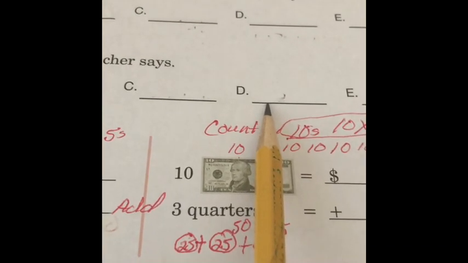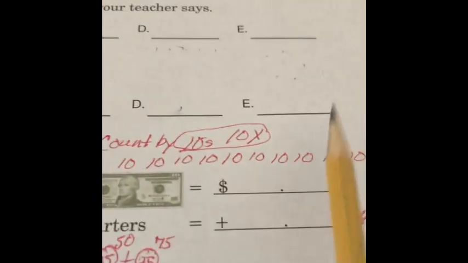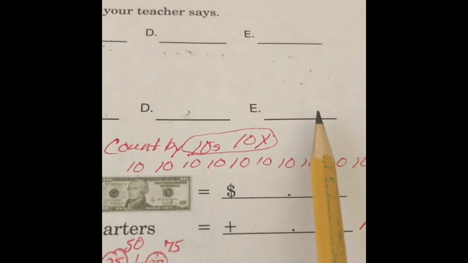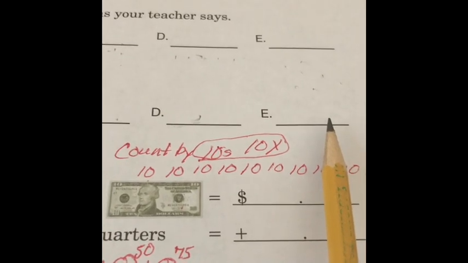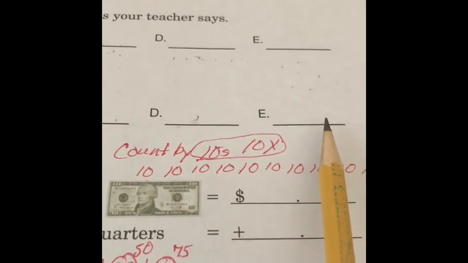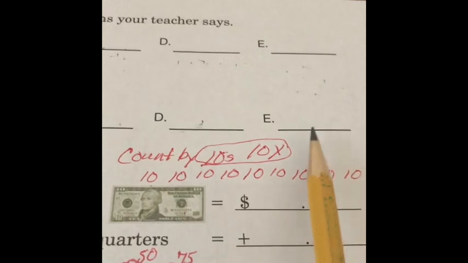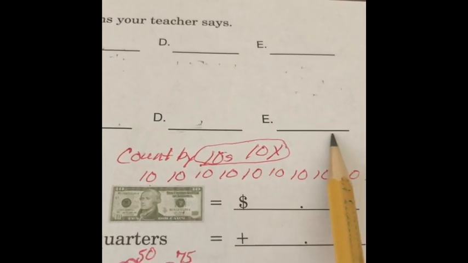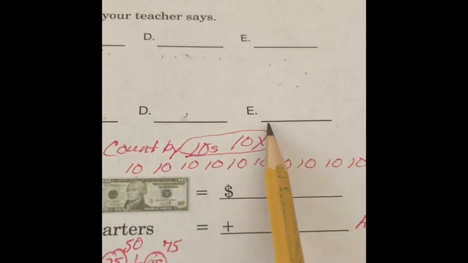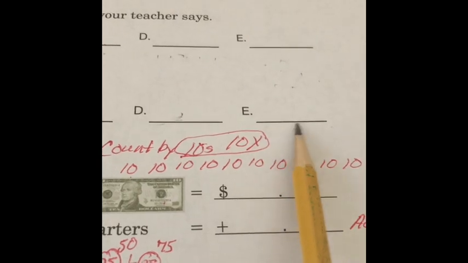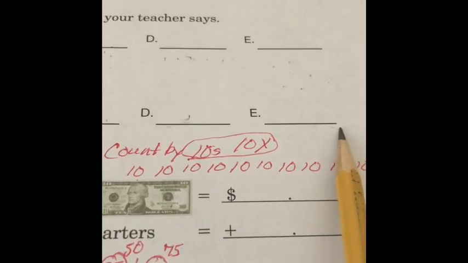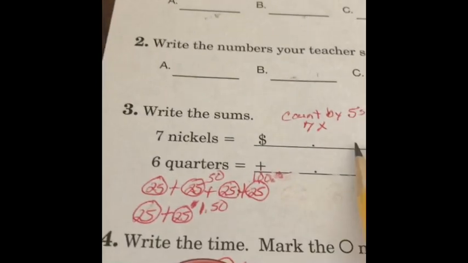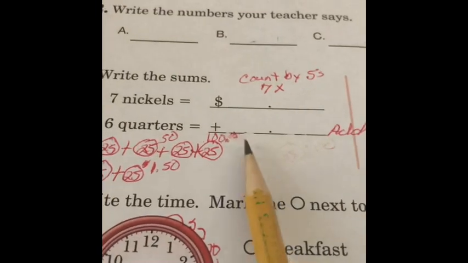That's D. E. E is $708.16. Okay, number 3, we're going to count some money.